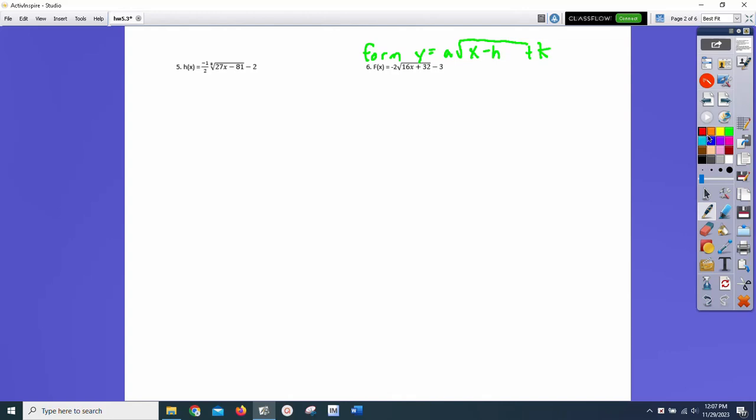So we could do our favorite F word, and that F word is factor. I'm going to pull a 16 from the x, 16x to 32. That'll leave me with x plus 2 in parentheses. And the square root of 16 is 4. And negative 2 times 4 is negative 8.